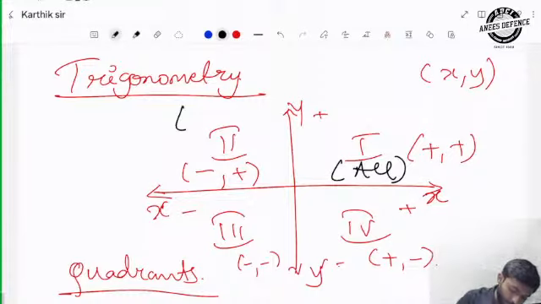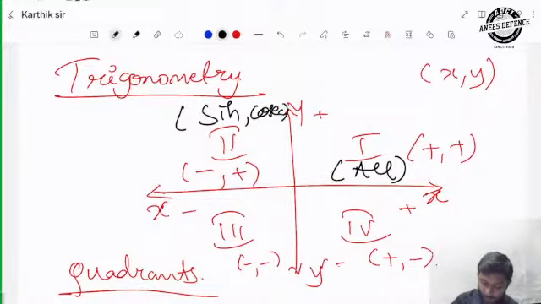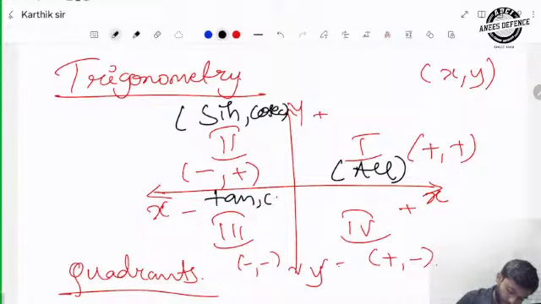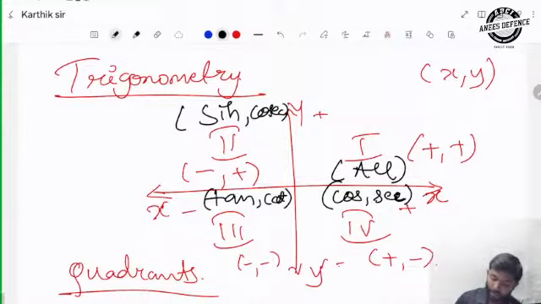Only sine and cosec values are positive in the second quadrant, in the third quadrant only tan and cot values are positive, and in the fourth quadrant only cos and sec values are positive. Remember that they are positive.